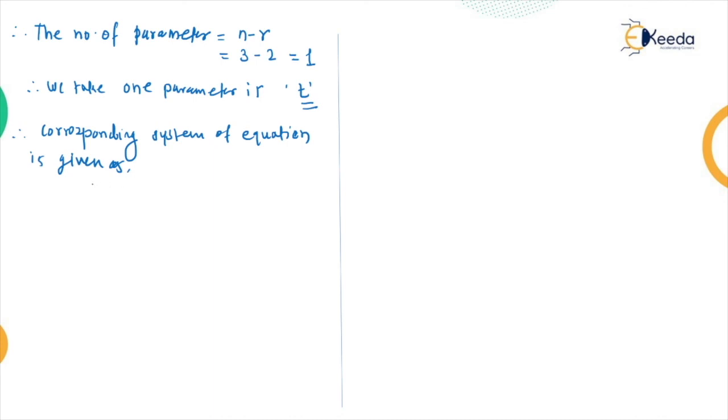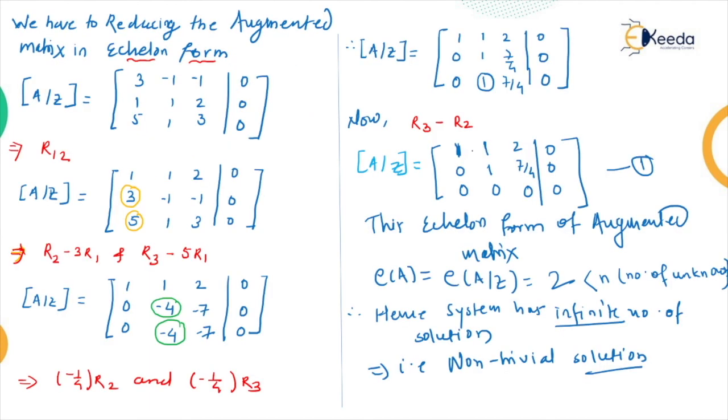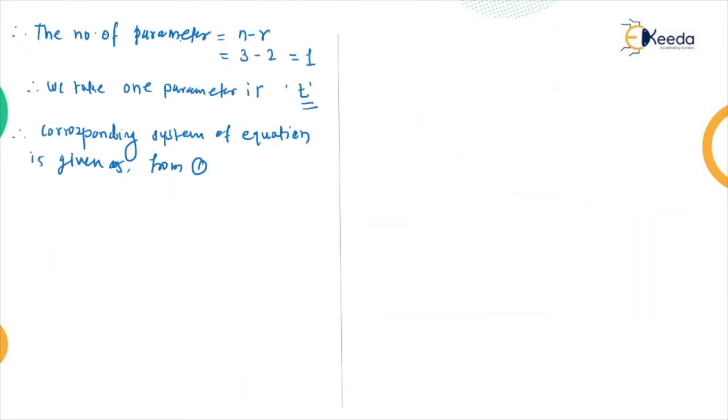The coefficients of x, y, z are 1, 1, 2 and 0, so x plus y plus 2z equals 0. The second equation is y plus 7 by 4 into z equals 0. Since one parameter is allowed, put z equal to t.